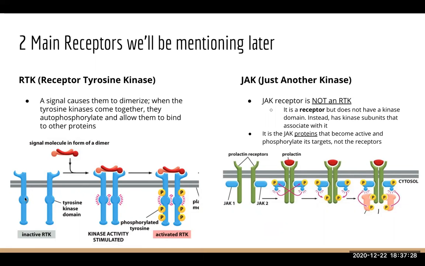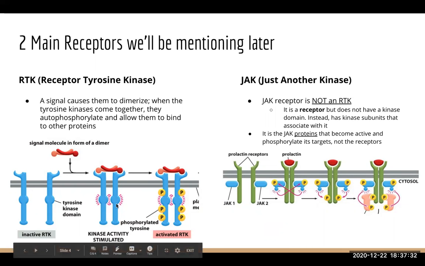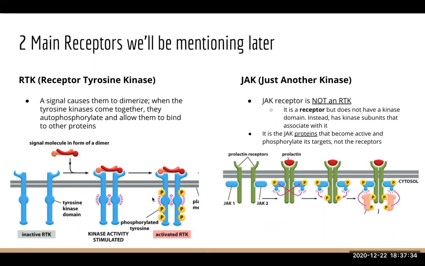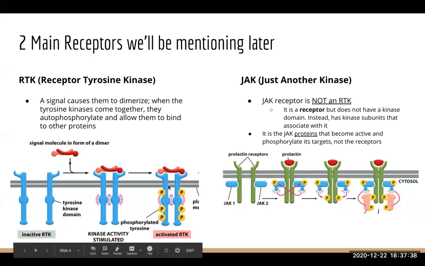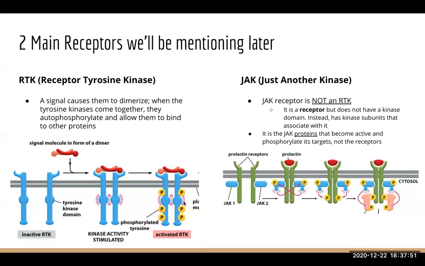Notice that they're far apart here, but when they connect to the signal, they dimerize. It's these receptors coming together that allows them to autophosphorylate. So when these receptors come together, they phosphorylate each other. And now that they're phosphorylated, other proteins are now able to come and bind to this RTK receptor. And of course, we'll be going through some examples of what this looks like.